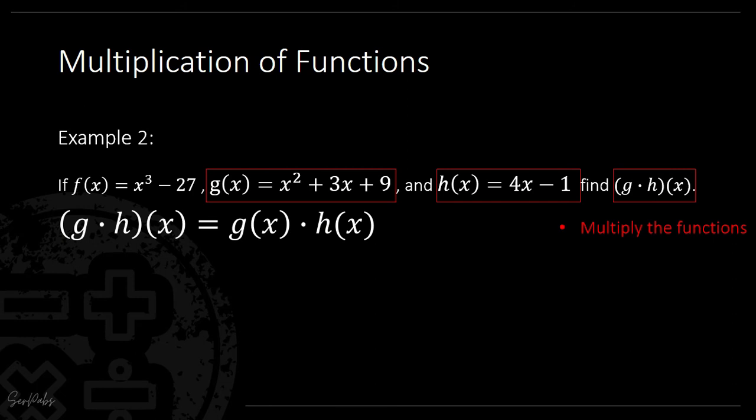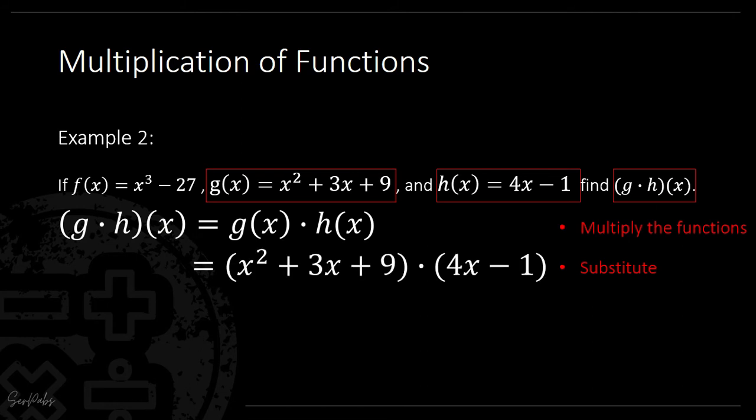So, g of x times h of x. Pangalawa, substitute, palitan. Tanggalin ang g of x, palitan ng x squared plus 3x plus 9 times. Tanggalin ang h of x, palitan ng 4x minus 1.